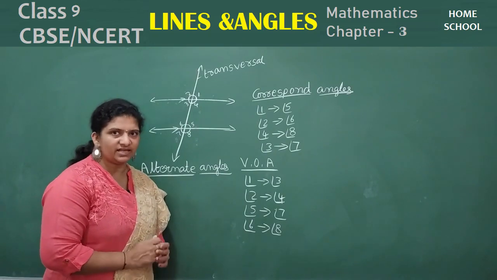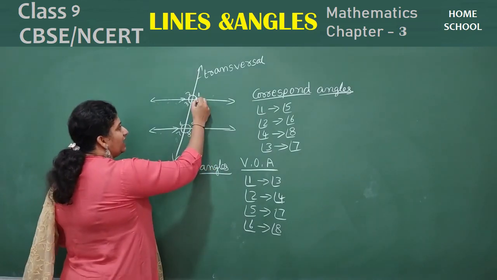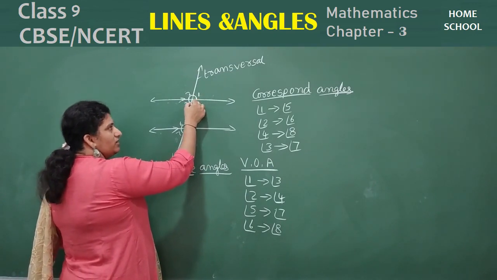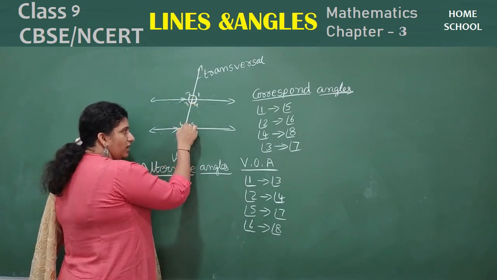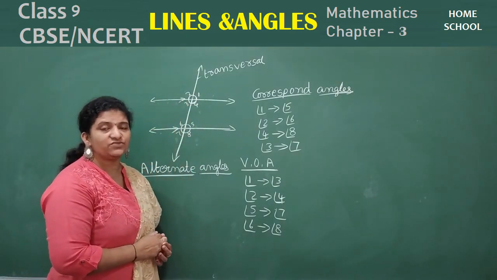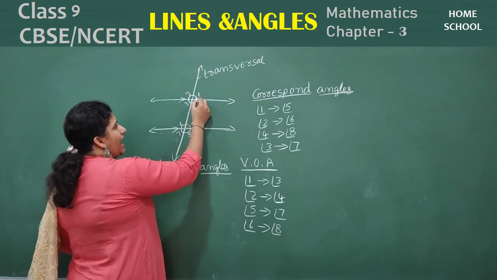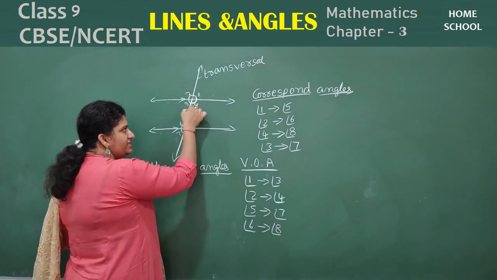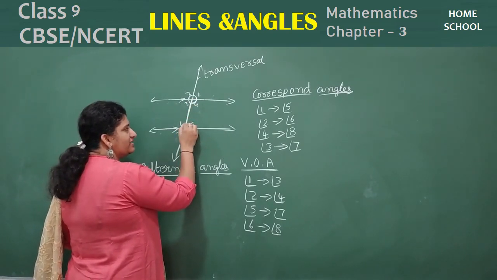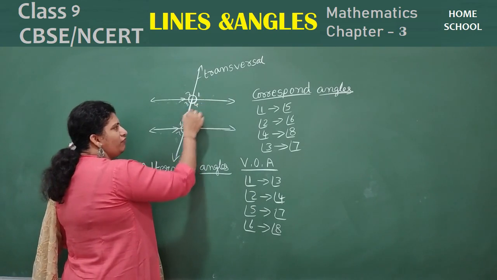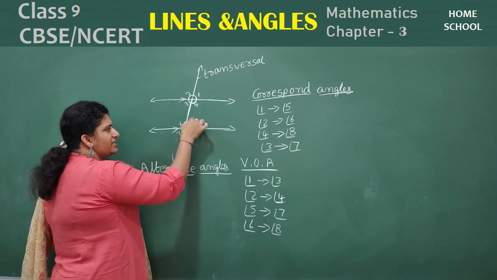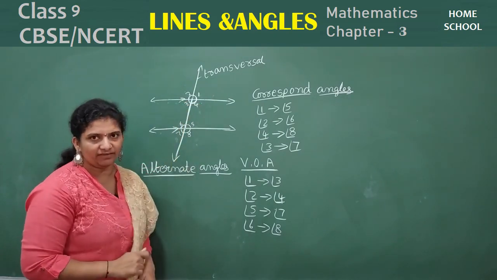When a transversal is drawn, the angles are on opposite sides of the transversal. The angles which we see, look here, angle 4 is on this side of the transversal, and on the other side of the transversal is 6. Angle 4 is alternate to angle 6 and angle 3 is alternate to angle 5.